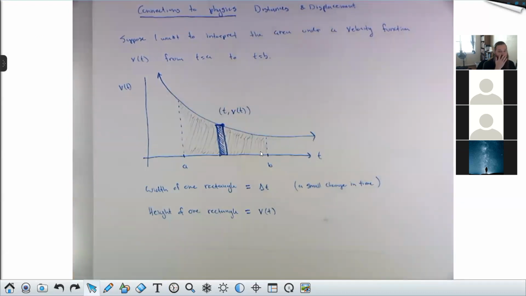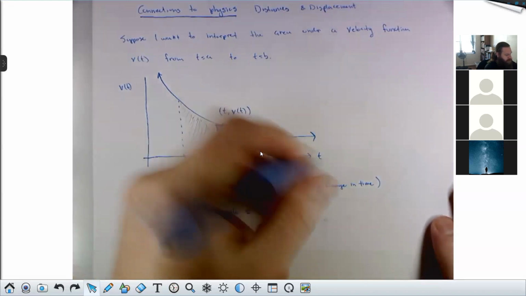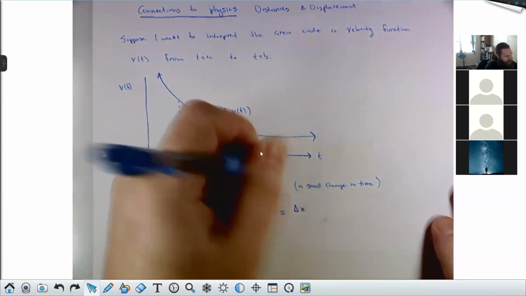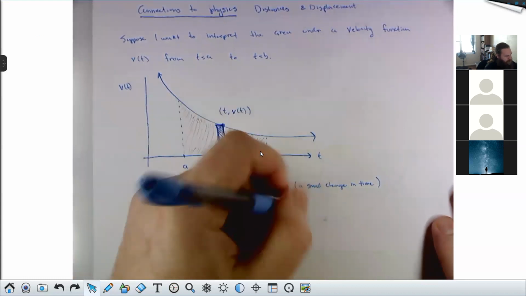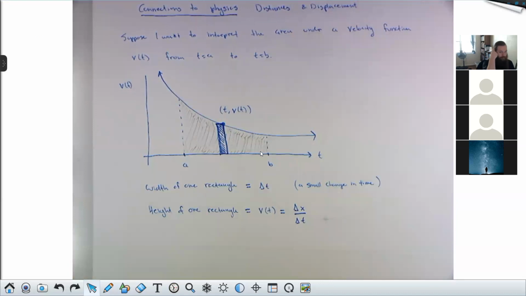It's a velocity, so it's a change in position. We call that delta x over a change in time, delta t. Here it's actually dx dt, but I'm imagining that here I've got a little interval of time.